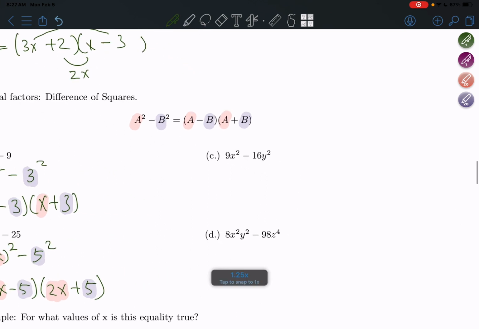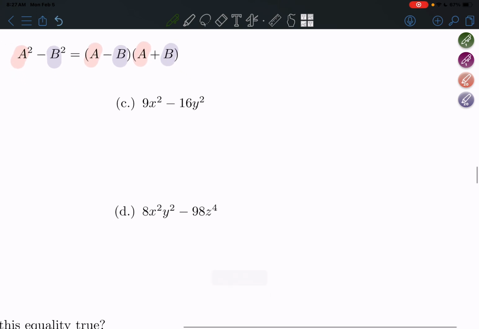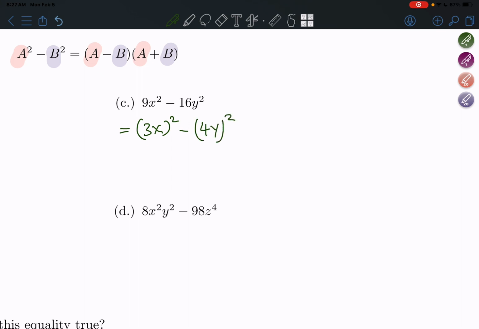You can pause the video here to try C and D. Okay. Go ahead and write this out. 9x squared is also known as 3x quantity squared, minus 16y squared, which is also known as 4y quantity squared.